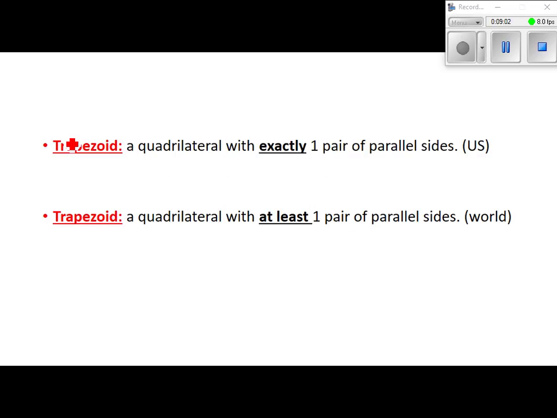Trapezoid, two different definitions of a trapezoid. Again, on this quiz, when I go to grade this quiz, I'm looking at the paper here, and I see Caleb's paper, and he's got quadrilateral, then he's got trapezoid, then he's got parallelogram.